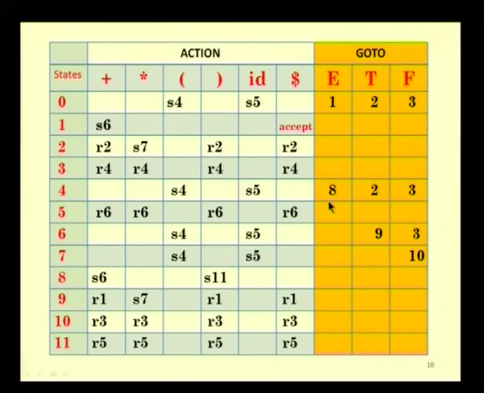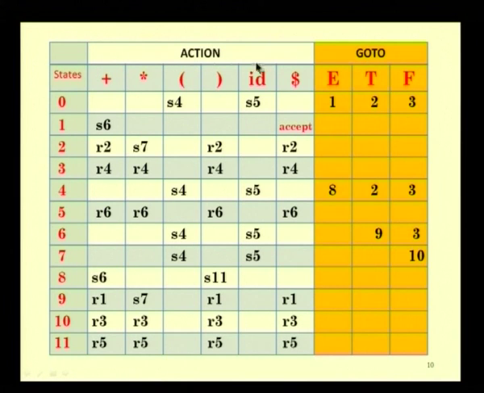With the two components, we will have both the action component and the goto component. The action component is defined for all terminals from each state, and the goto component is defined for all variables from each state. So, we shall see how we construct the parsing table. There are 12 states available, from 0 to 11, and two components, one is action and the other is goto.